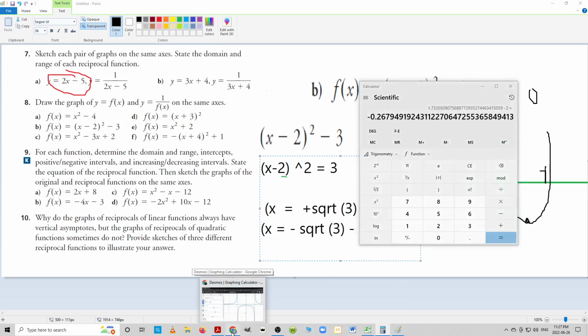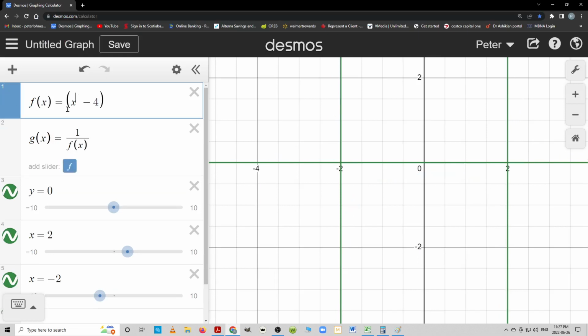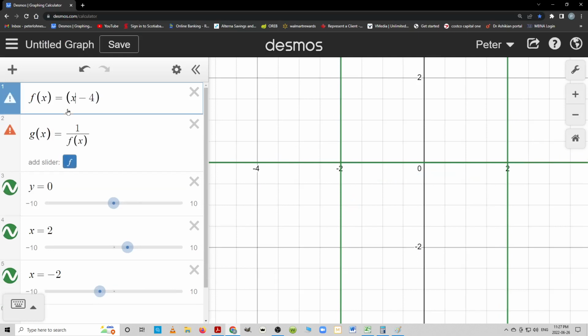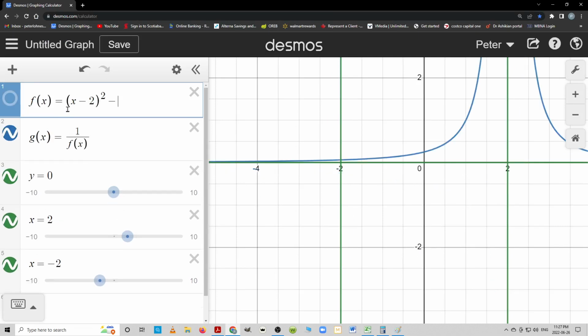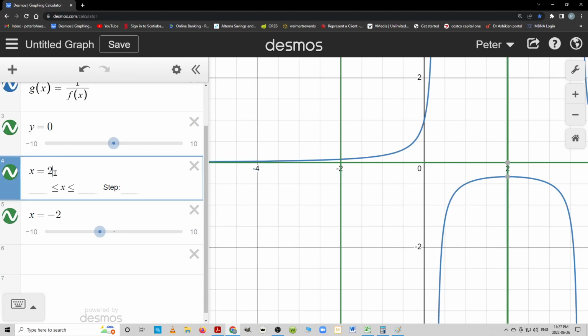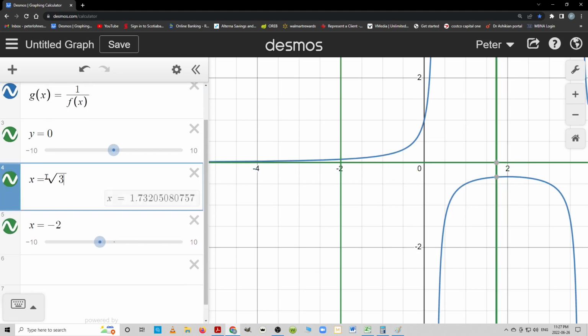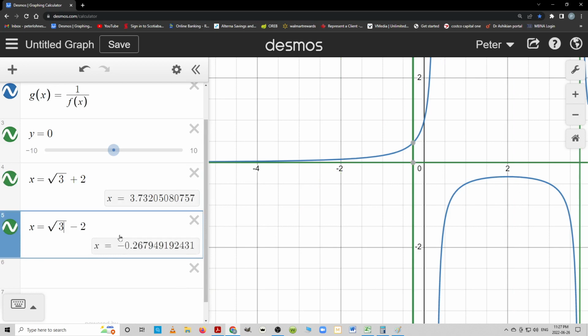So we get 1 over x minus 2 squared minus 3. And let's put our asymptotes at x is equal to the square root of 3 plus 2 and square root of 3 minus 2.